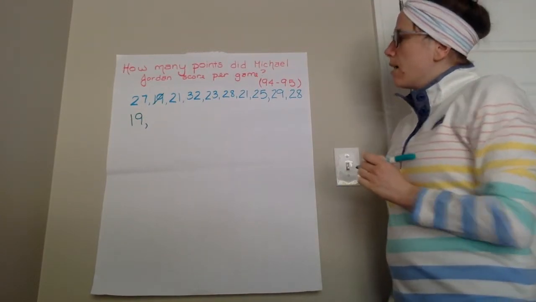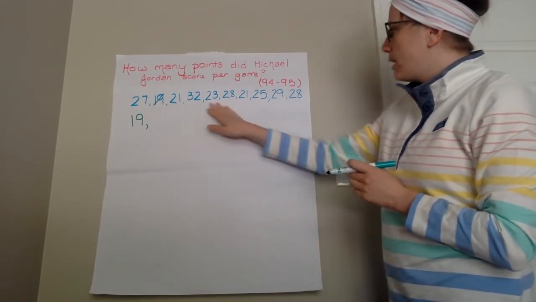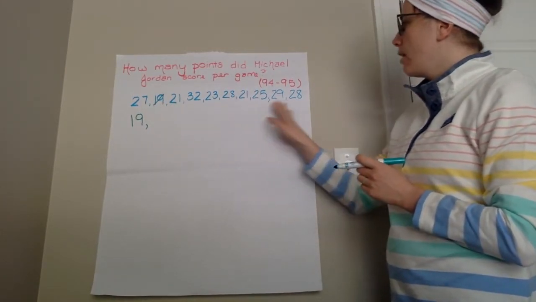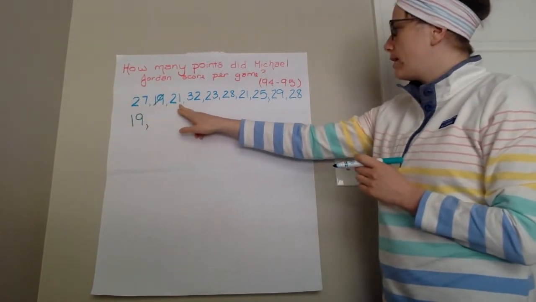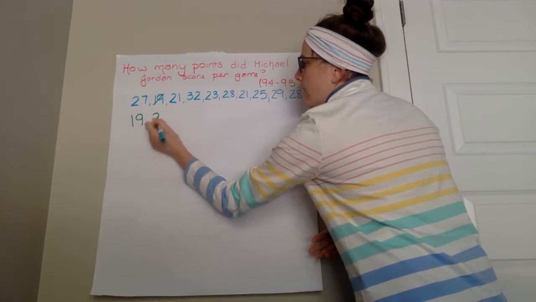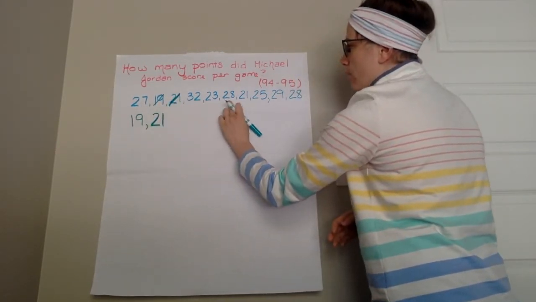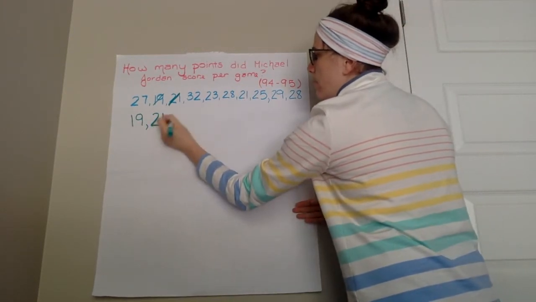The number after 19, I'm going to look, are there any 20s? There are not. So now I look for 21. I see a 21. I'm going to put a 21 here. I need to make sure there are no other 21s. There is another 21.